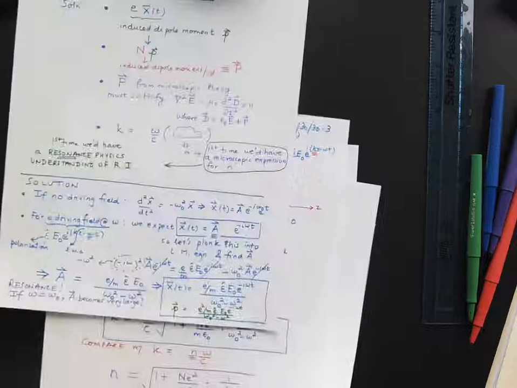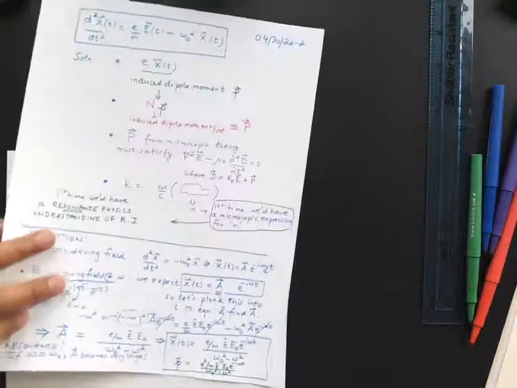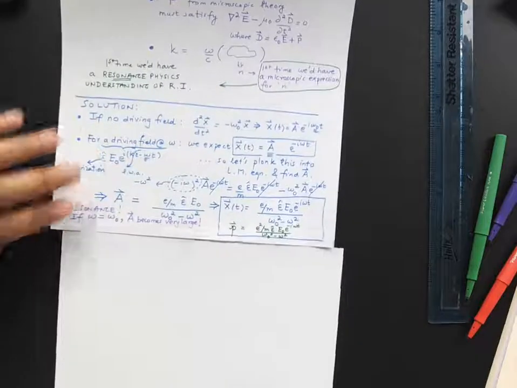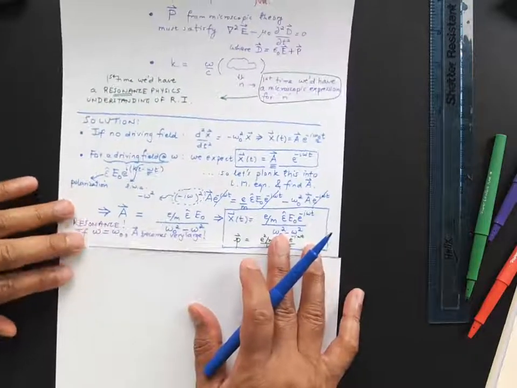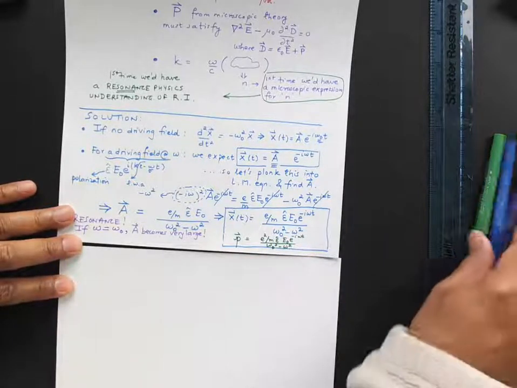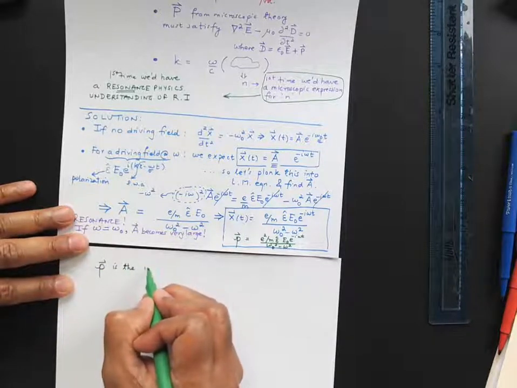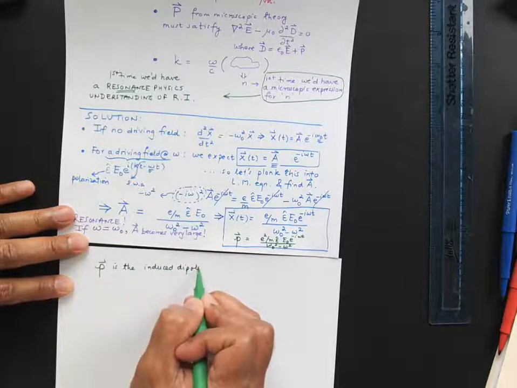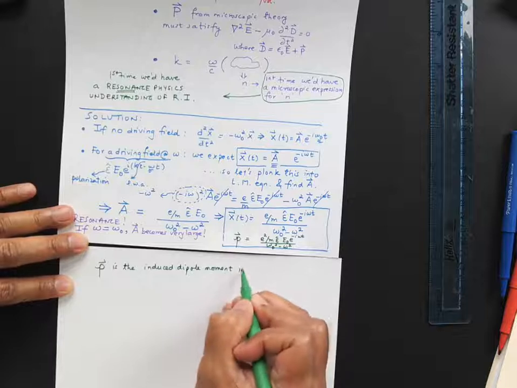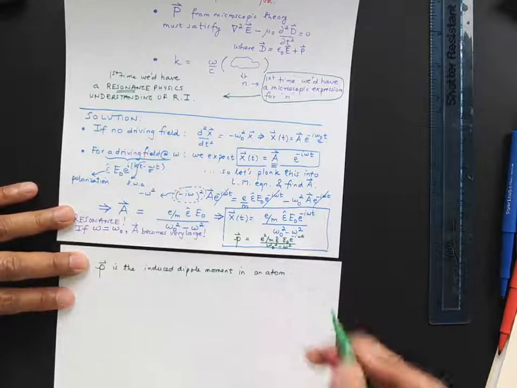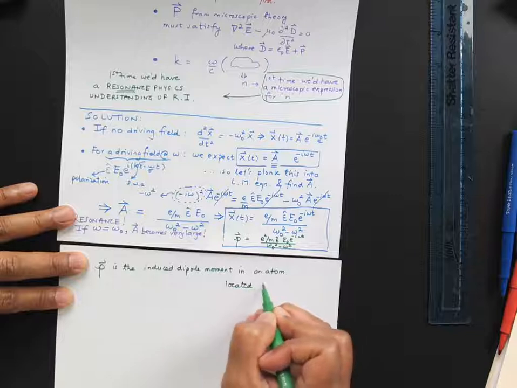Which I will insert as another page here, that everything was good up till this point, and then I just made a hasty rush over to, what I should have said is that this little p here is the induced dipole moment in an atom, and the atom is the Lorentz oscillator, located at the origin.